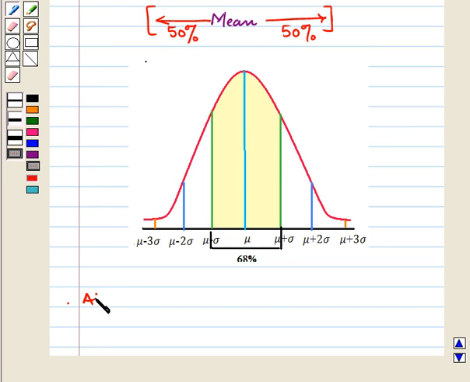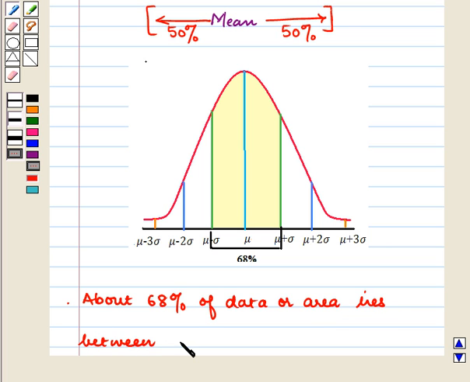About 68% of the data or area lies between mu minus sigma and mu plus sigma.